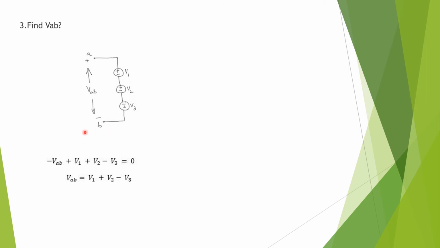So minus VAB plus V1 plus V2 minus V3 will be equal to 0. From this equation, after rearranging, we will get VAB is equal to V1 plus V2 minus V3. So this will be the voltage drop across this region. Add V1 plus V2 and subtract the value of V3 from this.